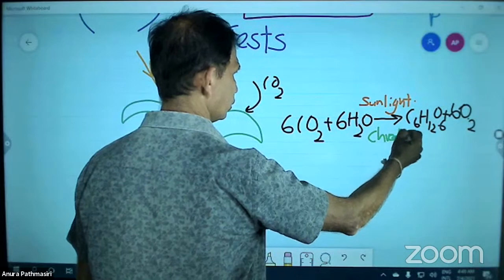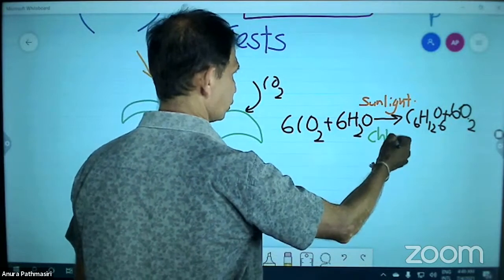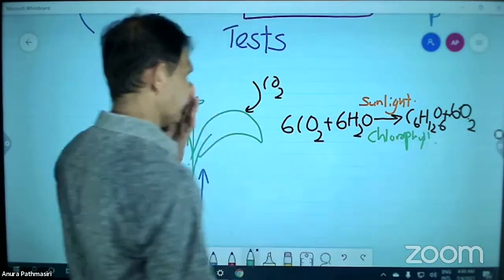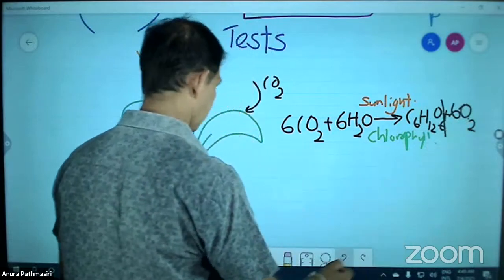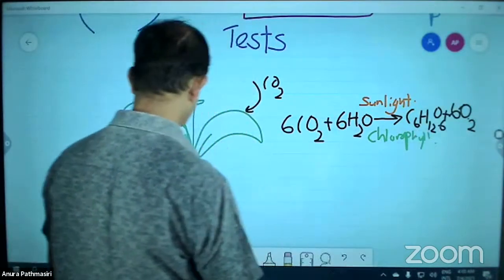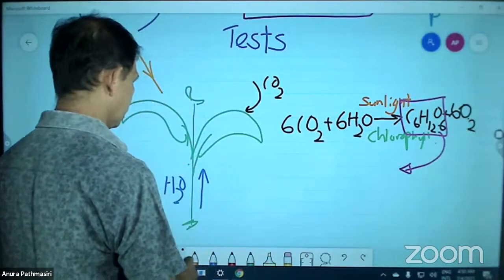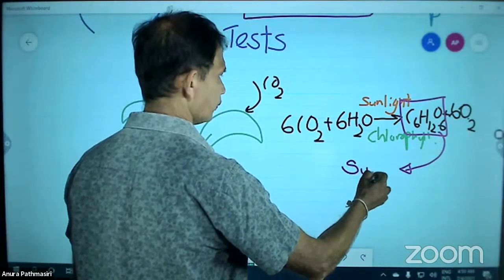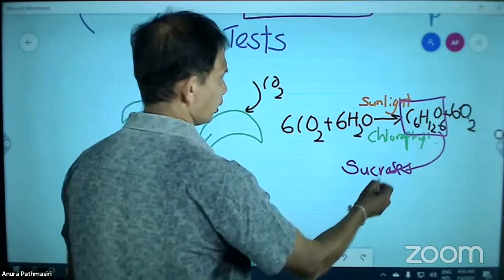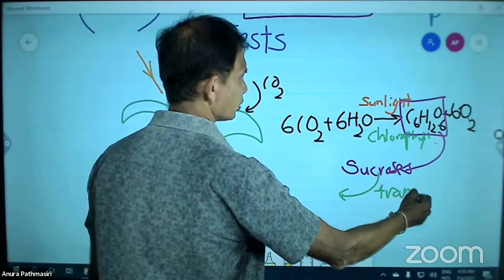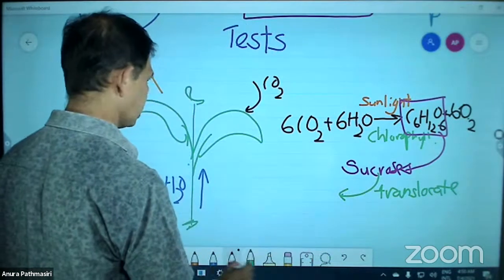Now, the most interesting part is that the glucose produced here will be converted into liquid sucrose, and then translocated throughout the plant body, and then stored as starch.